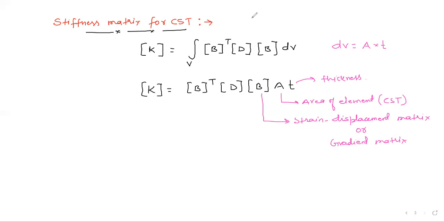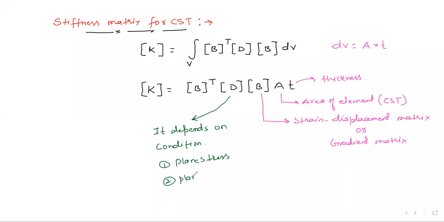Now coming to this D matrix. It depends on the condition. What are those conditions? Plane stress, and the second one is plane strain. So this D matrix depends upon plane stress and plane strain.